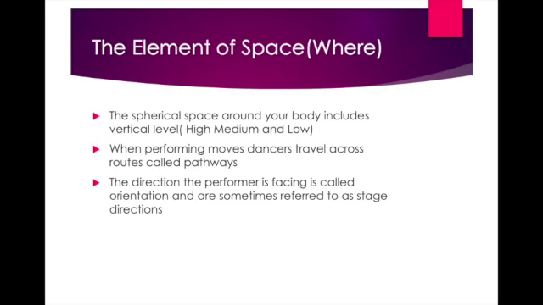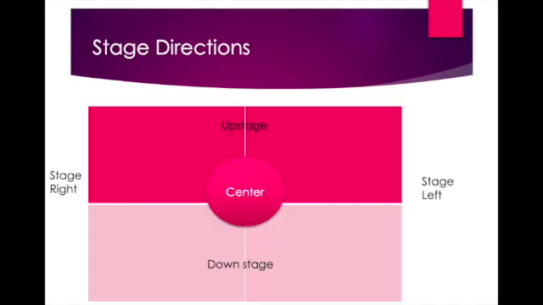And then there's also your orientation, which way the dancer is facing. Oftentimes, orientation can use stage directions. So imagine that you are standing in that circle in the center. Downstage would be where the audience is, and upstage would be the back of the dance space.